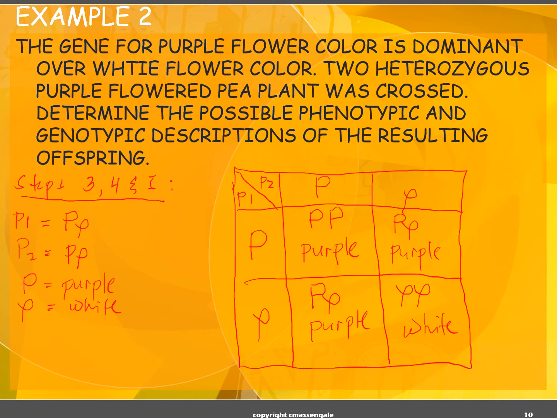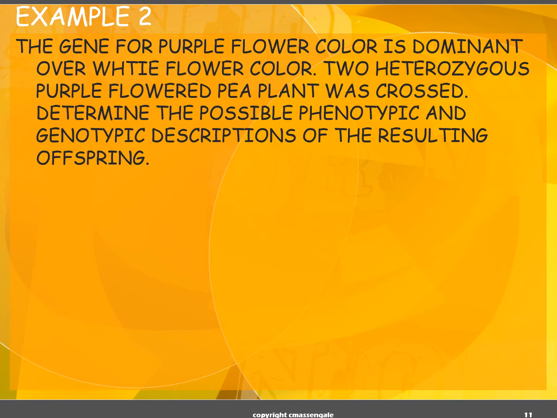Now let's continue with step 6 and 7. So let me just construct here again our Punnett square that we had in the previous slide. Wait lang ha, gawin natin yung Punnett square.